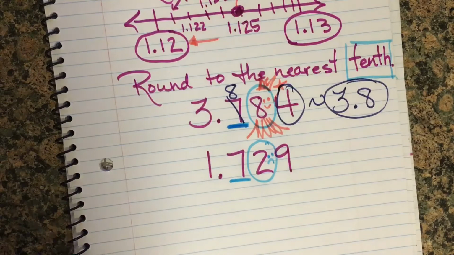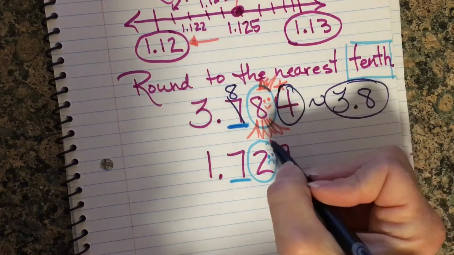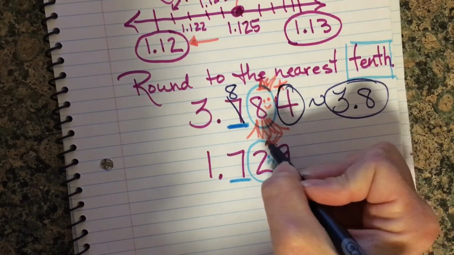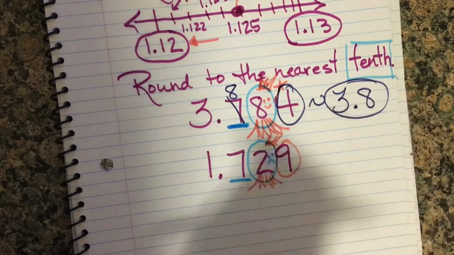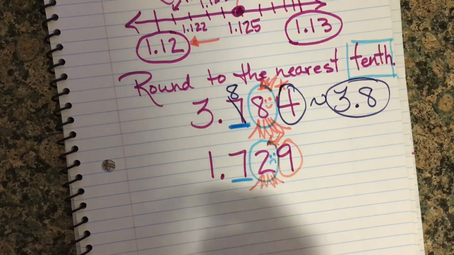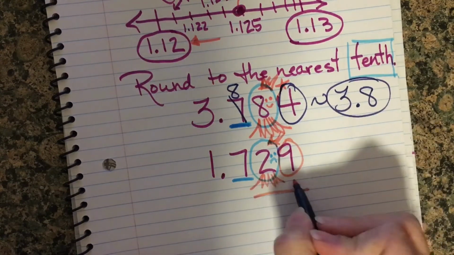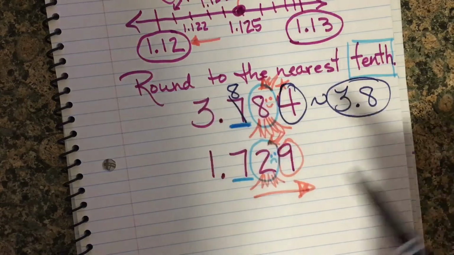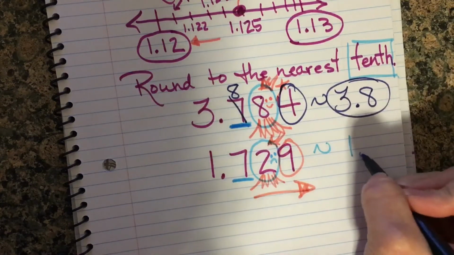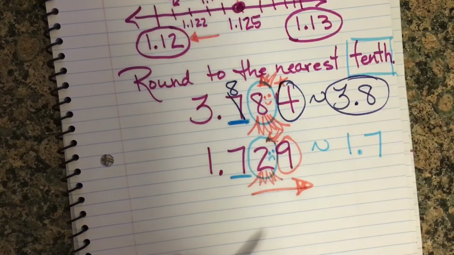She says no. So if Fairy Godmother says no, she disappears, and Cinderella stays a boring old 7. Everything after Cinderella all turns to 0s and falls away, and then you're just left with 1 and 7/10.